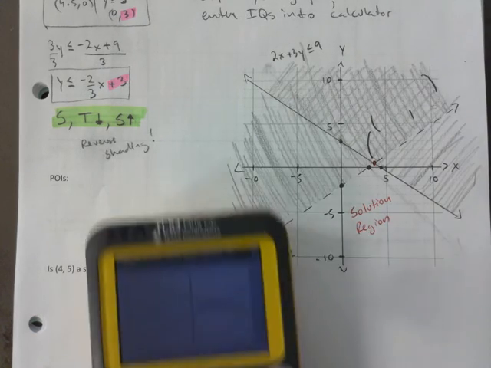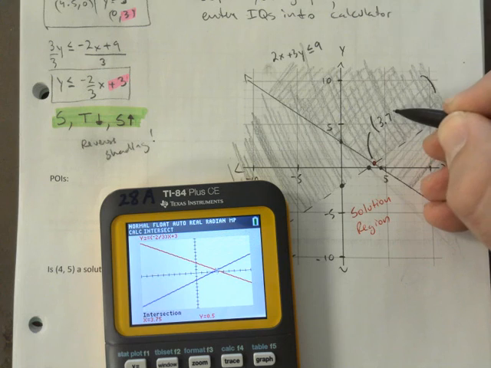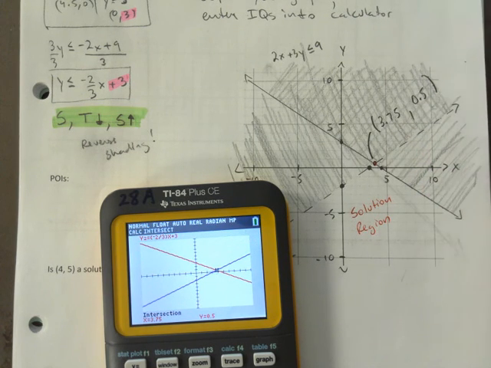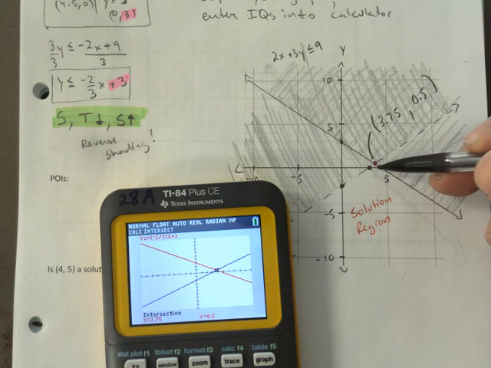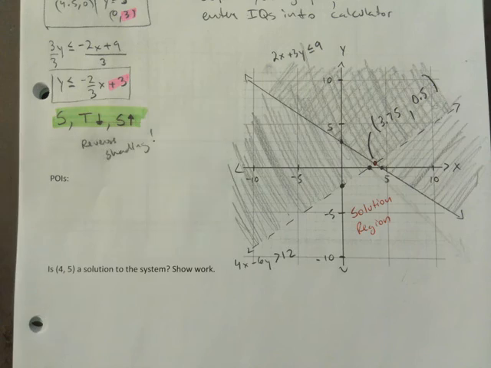So you grab your calculator, second trace 5, and because there's only 2 lines, you just hit enter 3 times. And it is (3.75, 0.5). And it actually is quite accurate because we're using a grid, right? But don't read it off your graph.